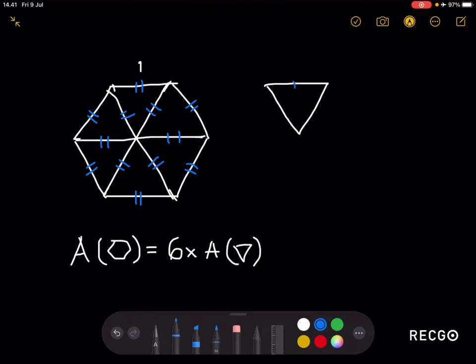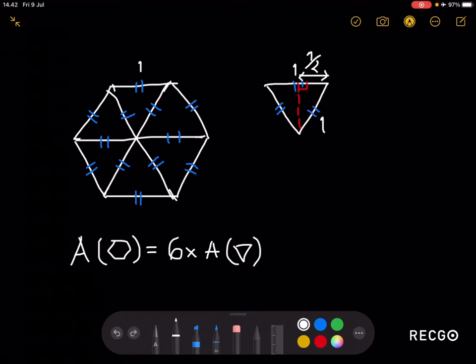I've drawn a little replica of one of these triangles. Each side has a length of 1. For the area, we can draw a little perpendicular line, which bisects this line segment, so this little length is 1/2, and this is just 1.